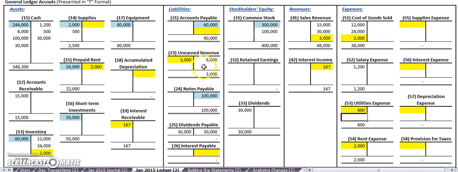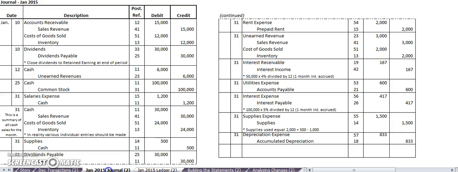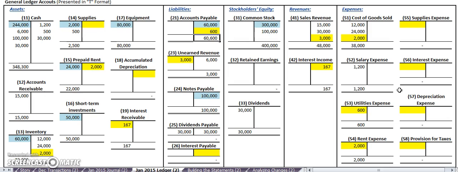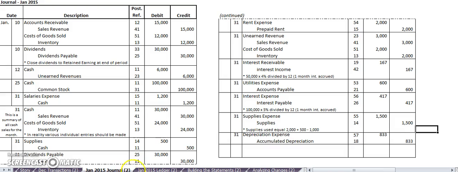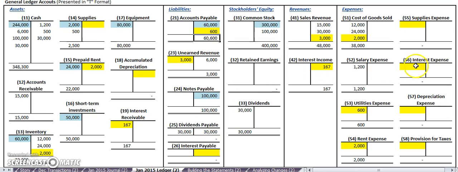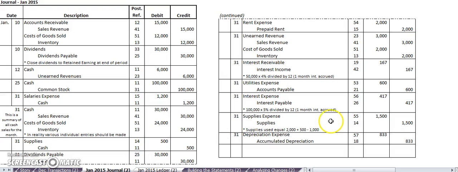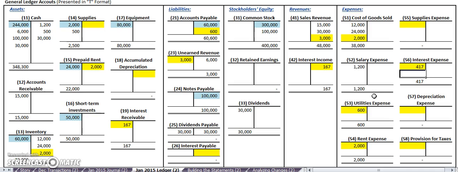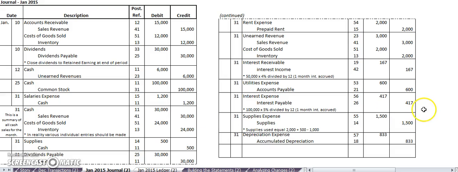And we'll just put it in our accounts payable or utilities payable if you have a separate account, right? Let's post the interest expense and interest payable. Interest expense right here, 417. Interest payable over here, 417.